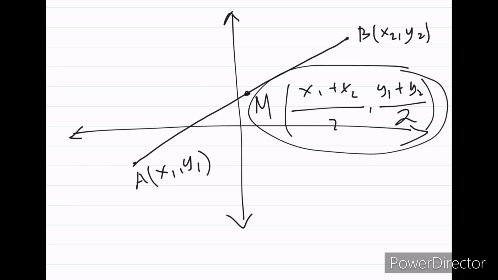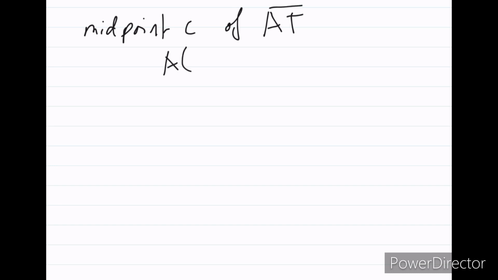Okay, for example, find the coordinates of the midpoint C of line AT, where A has coordinates 9 and 2, and T has coordinates 1 and 0.